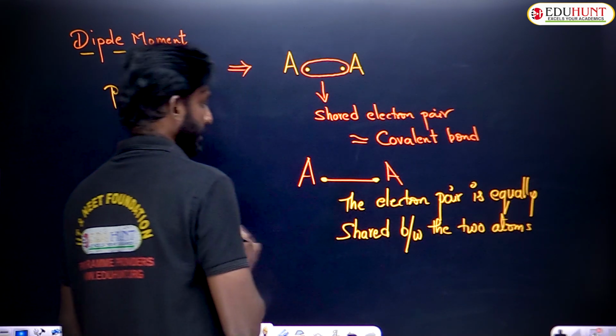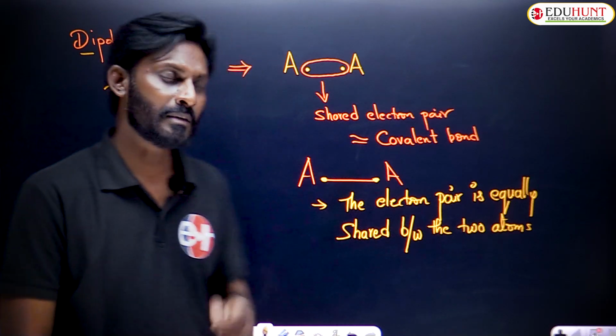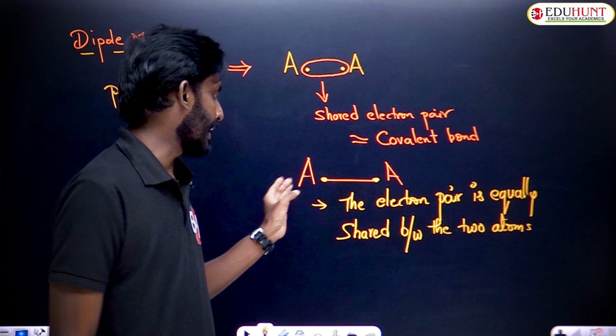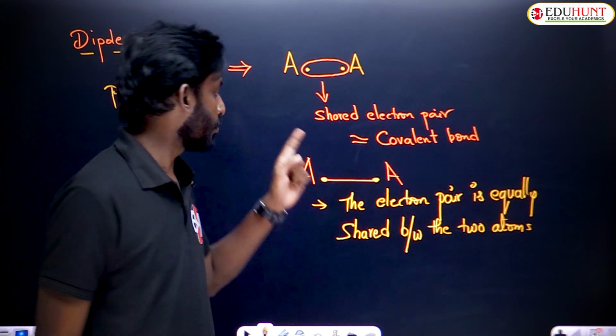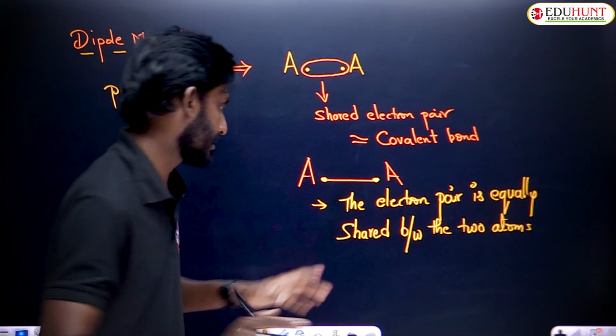There is a very fundamental reason: both are the same type of atoms, A atoms only. So their nuclear charge and their electronegativity are everything the same.